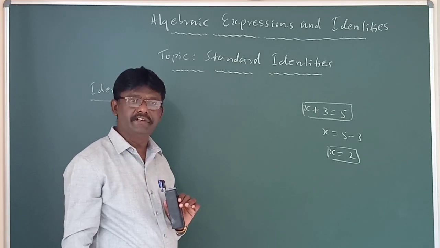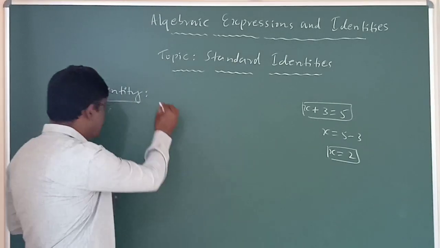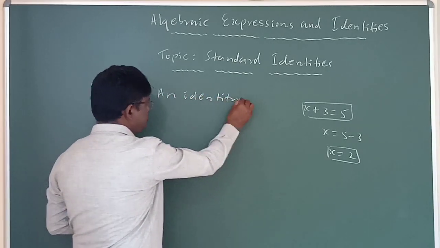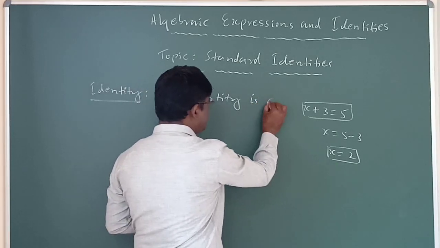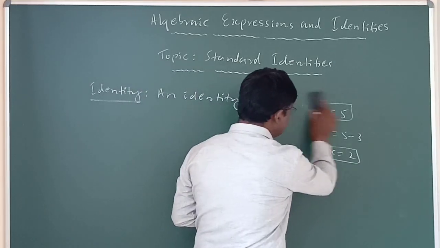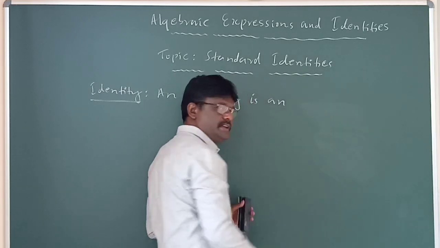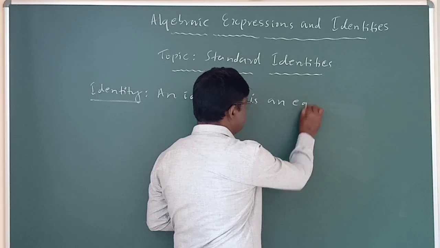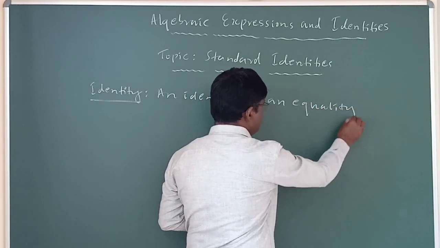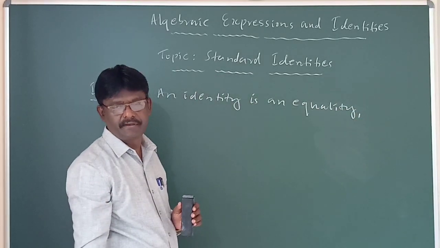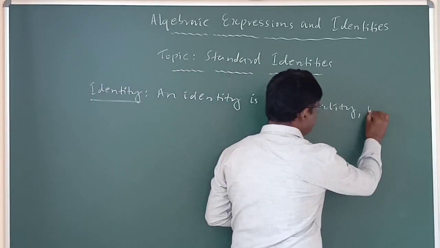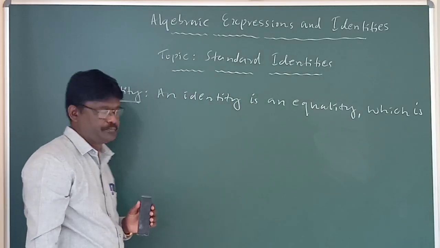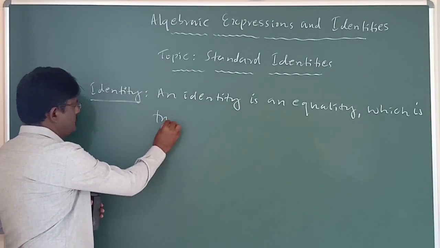But in case of identity, what is that identity? An identity is an equality. What is an equation? Equality. What is an identity? Equality. An identity is an equality which is true.